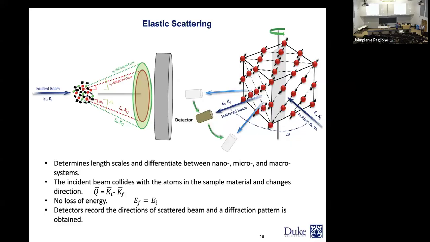The radius of this circle depends on which reflection is giving you these Bragg peaks. So if you had only one single crystal, it would give you one peak and one particular area, okay? And in your area detector, you would see only one point. But if you have a powder or a polycrystal, it's going to give you these circles.